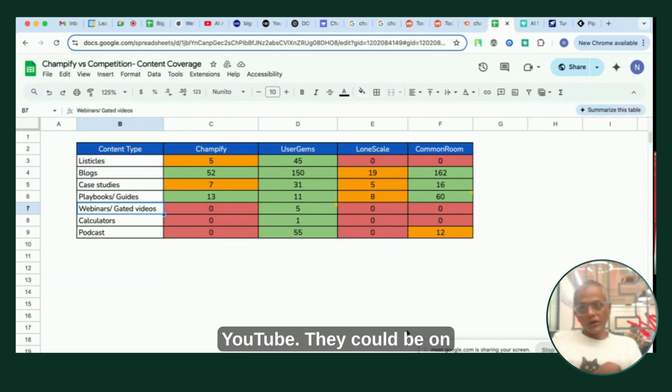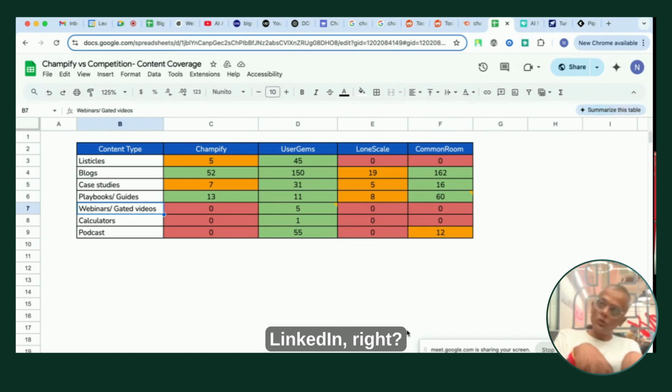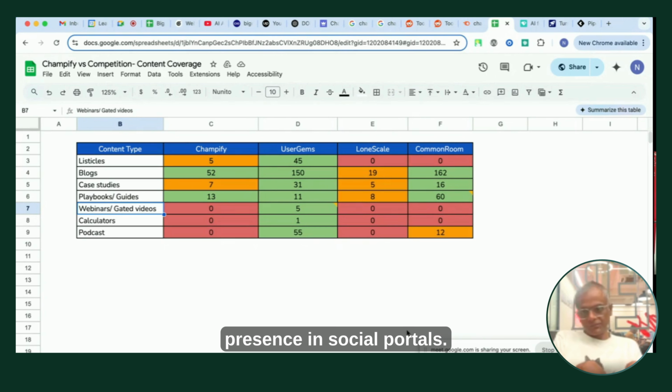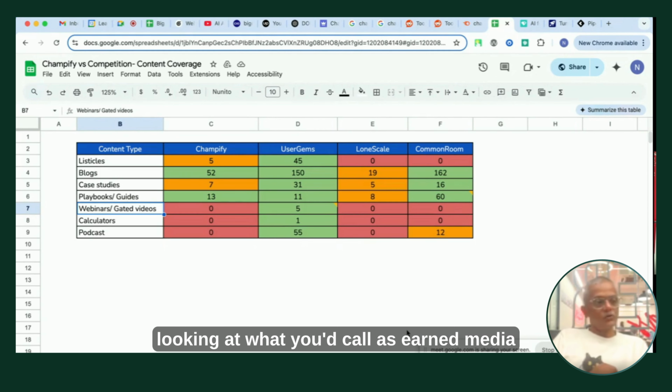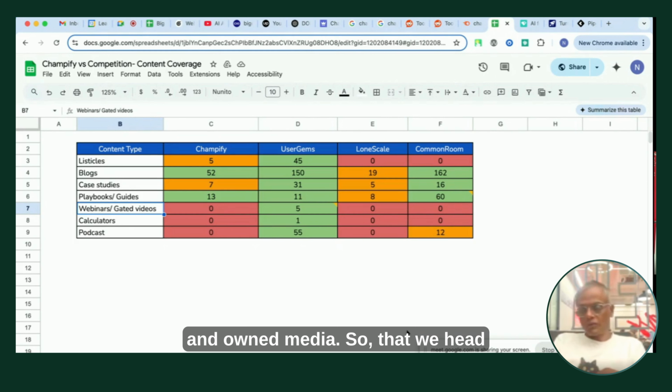They could be looking at YouTube. They could be on LinkedIn, right? And people also look for trust signals. So presence in social portals and presence in trust rating sites. So we're looking at what you'd call earned media and owned media.